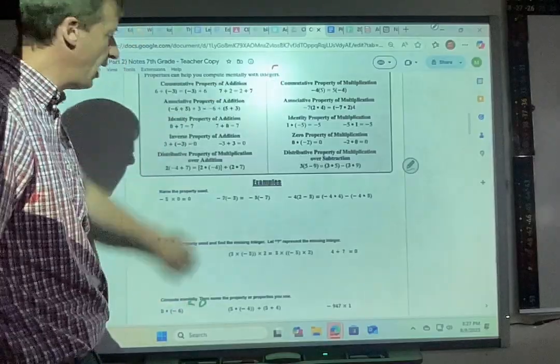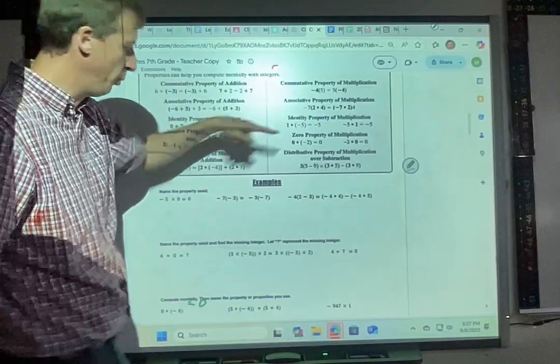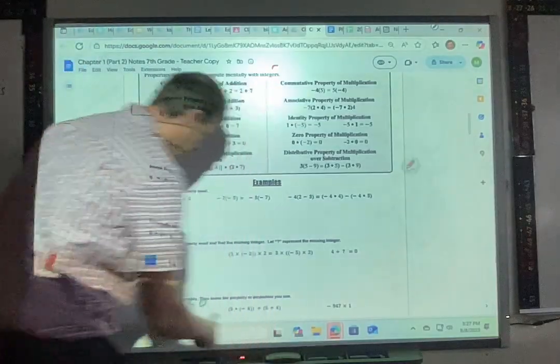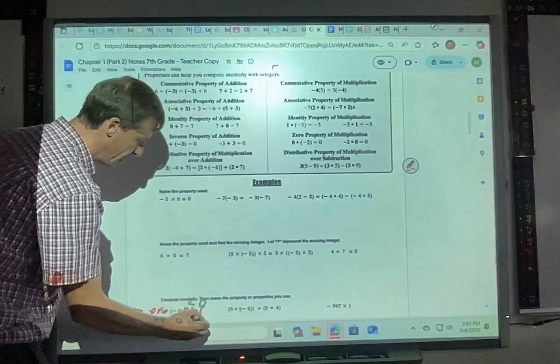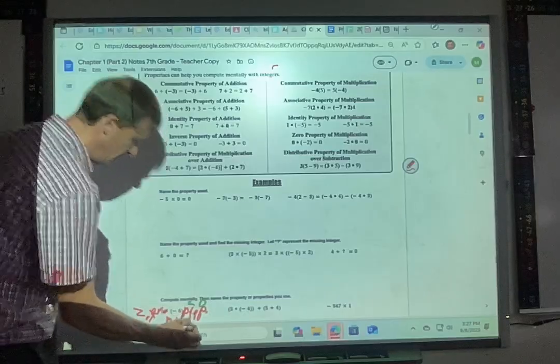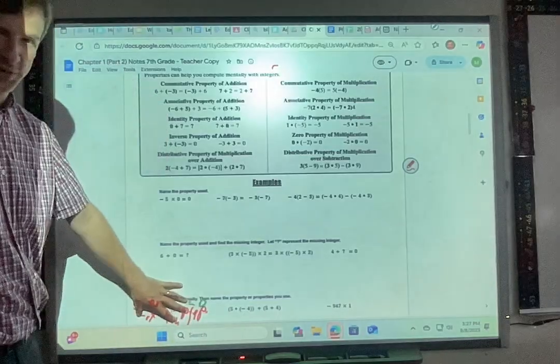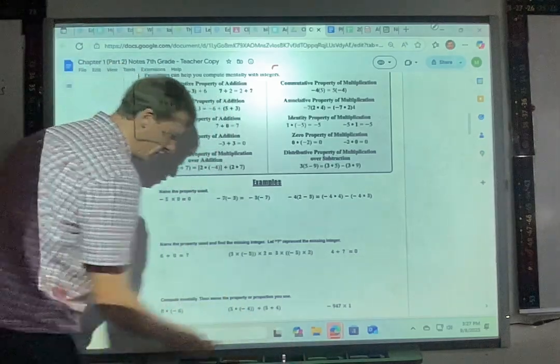We're getting 0 for an answer. Where am I getting 0 for an answer? That's that 0 property of multiplication again. So write that on your paper. 0 property of multiplication. So the answer for this one is 0, and that's the 0 property of multiplication.